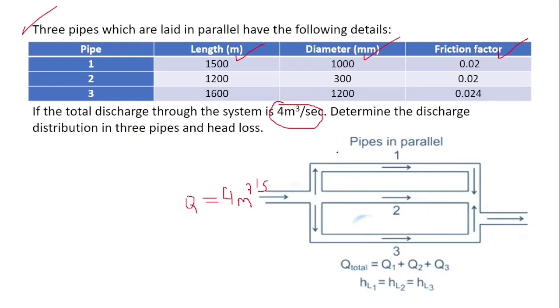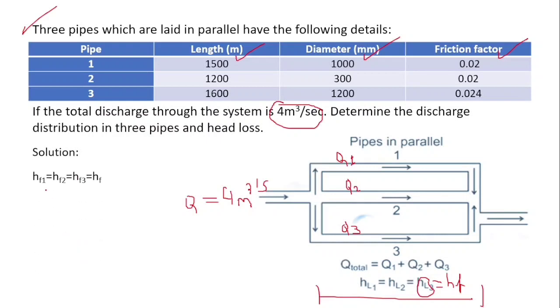So we have to calculate this Q1 and discharge in pipe 2 and discharge in pipe 3, and finally head loss, that is frictional head loss, we have to calculate, HF or HL.